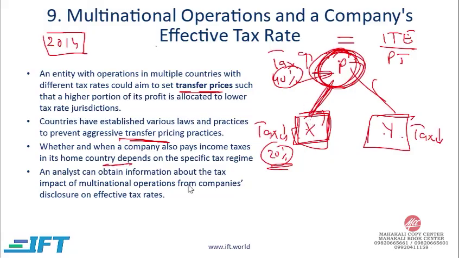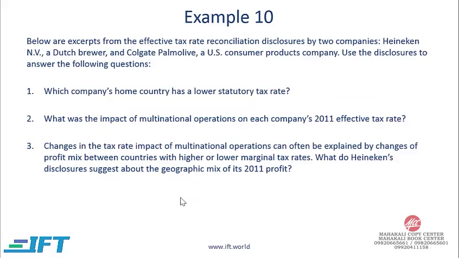From a testability perspective, you need to recognize that information about the impact of multinational operations on the effective tax rate can be obtained by studying the disclosures. And example 10 helps us do just that. We are given excerpts from the financial statements of two companies, Heineken, which is a Dutch company, and Colgate-Palmolive, which is a United States-based company.